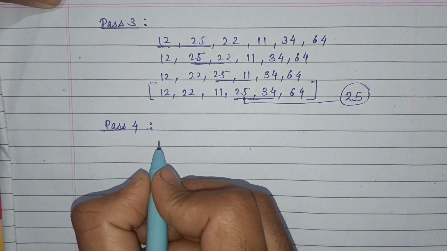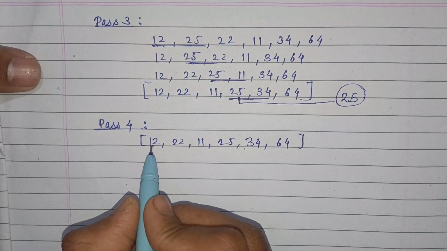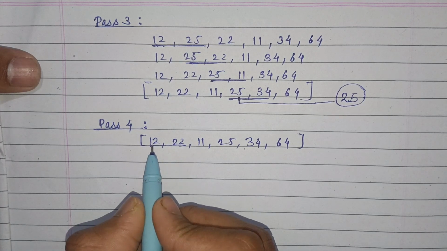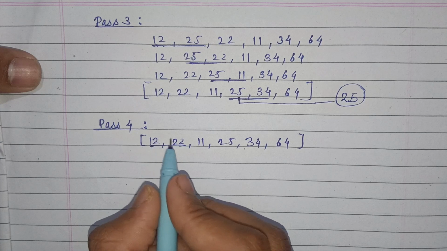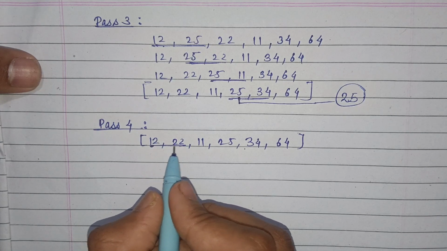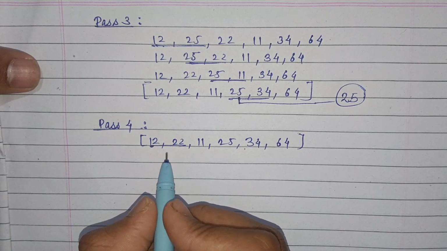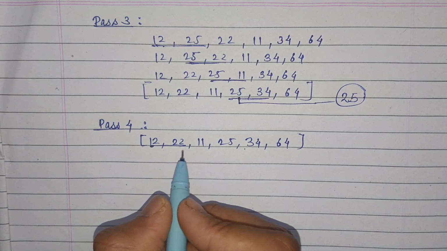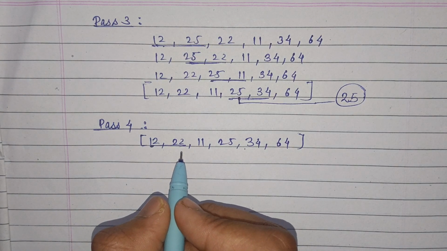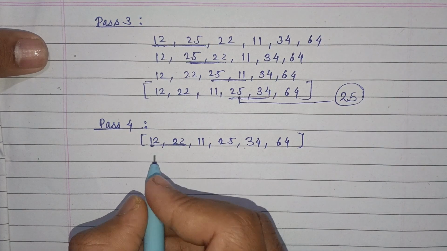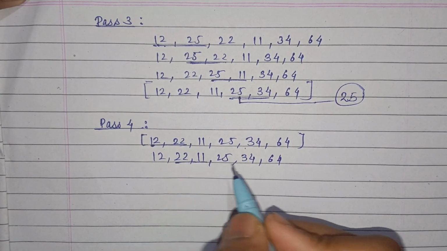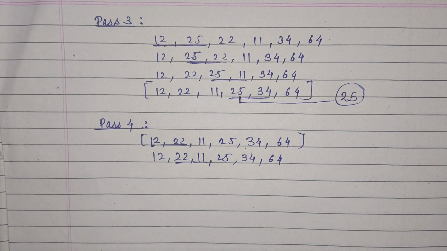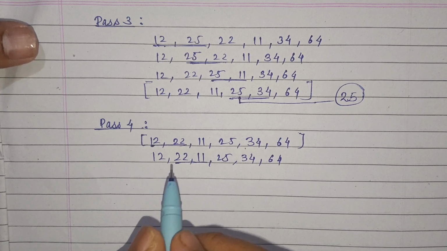So I will write the data first. 12 and 22 will be compared, and 12 is less than 22, so they will not be swapped, and it will remain as it is. 22 and 11 will be compared, and 22 is greater than 11, so they will be swapped.